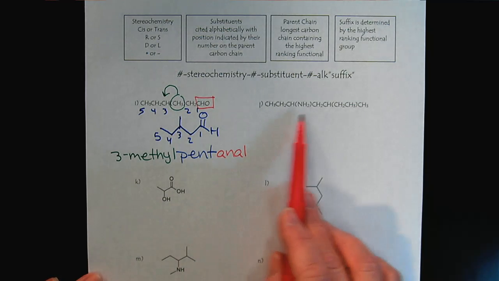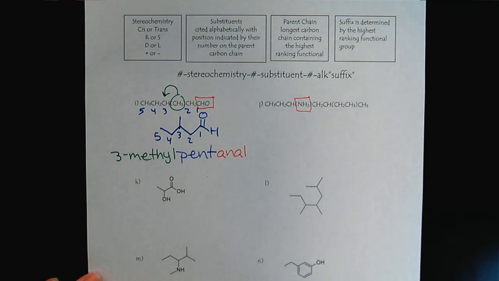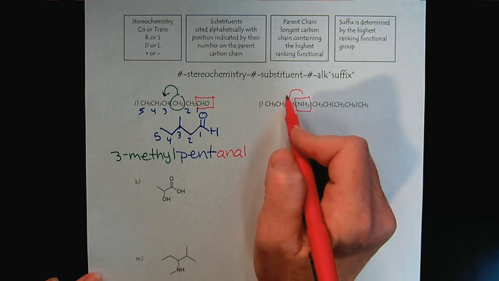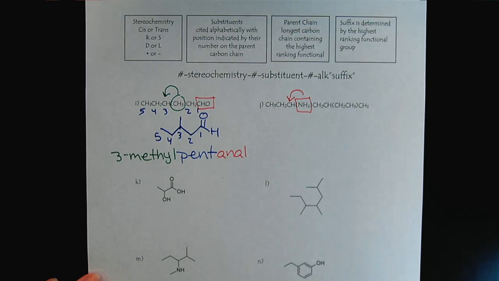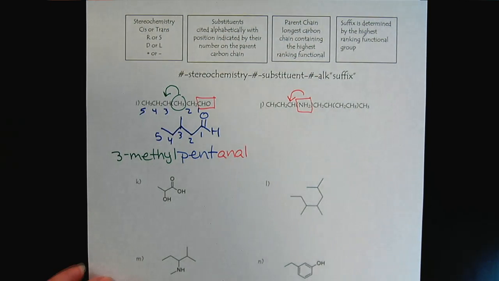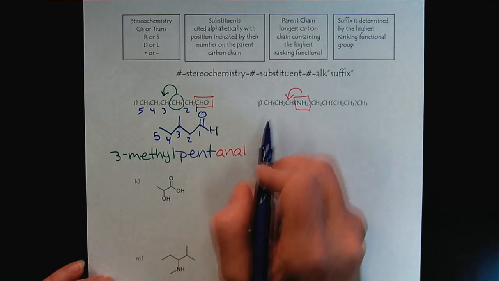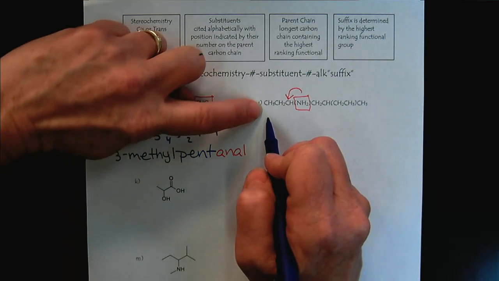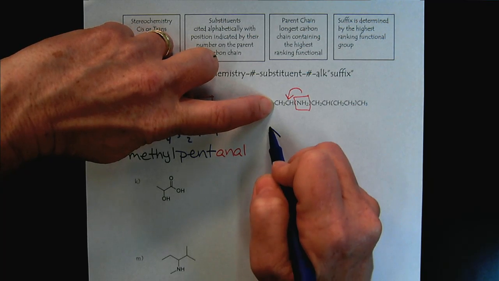We'll scan our condensed formula, and we spot the amine again, recognizing it's coming off right here from this carbon. All right, so let's go ahead and create the hydrocarbon skeleton before we try to name it. So here's this first carbon, this methyl group, and then we go here, and I'm going to draw it like that.